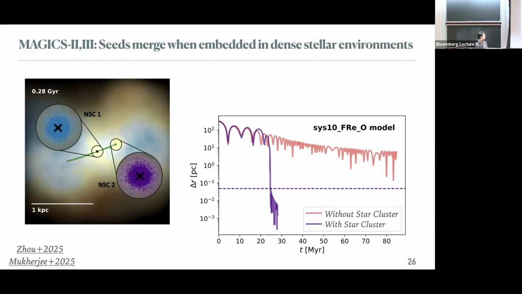Another recent work, which I didn't put a reference to here, is by Go Obia from Yale. I think he was a postdoc at Yale, and they also ran simulations of massive black hole binaries embedded in these clusters. By the two clusters coming in close to each other, they spiral and fling off material, and that's where the angular momentum is going. That allows you to do that. Yeah.